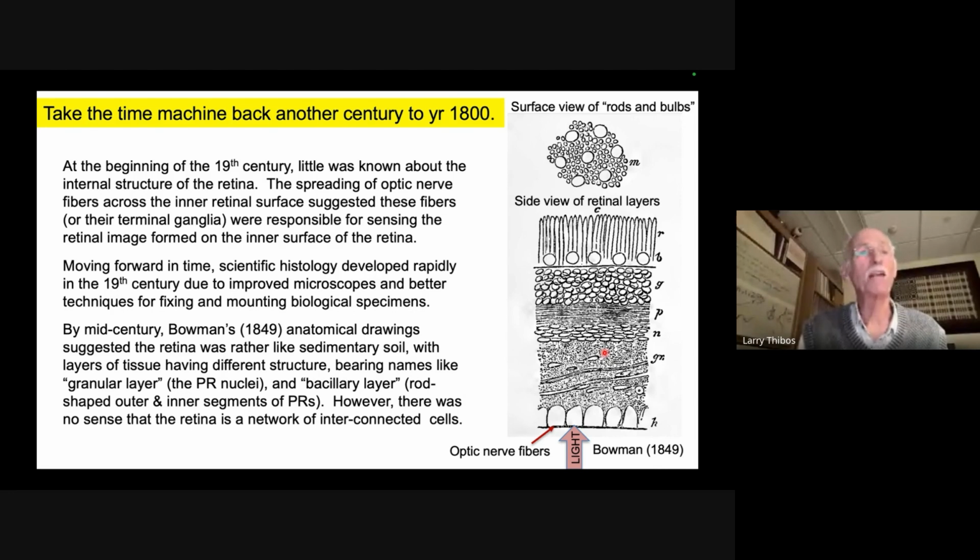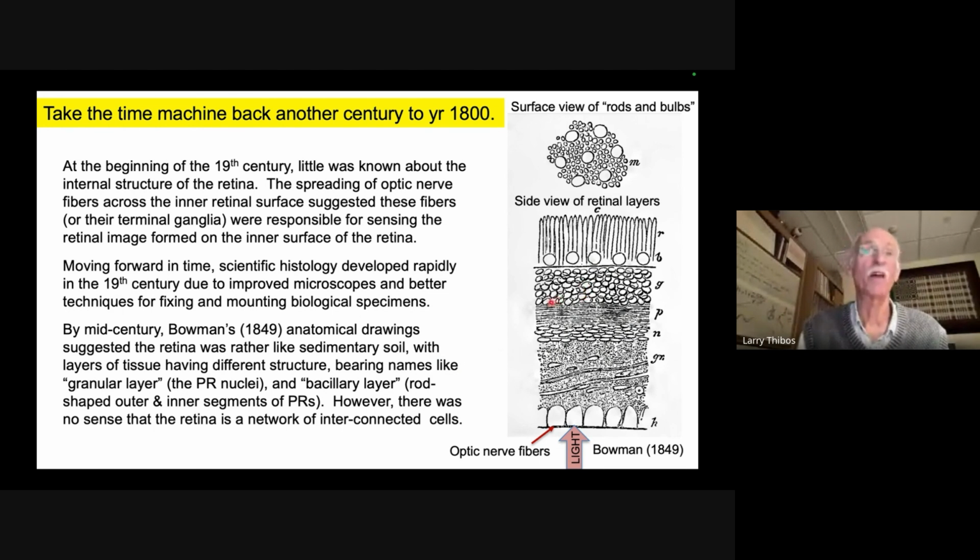So by mid-century then, in 1849, Baumann's anatomical drawings suggested that the retina was kind of like sedimentary soil, rocks and soil of different grades. We just had layers of tissue. Some layers had coarse elements, some had fine elements, and they had names such as the granular layer. Who knows what the granular layer is? Turns out those were the photoreceptor nuclei, but nobody knew that then.